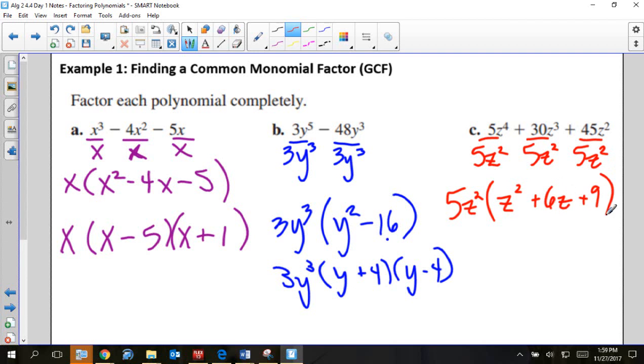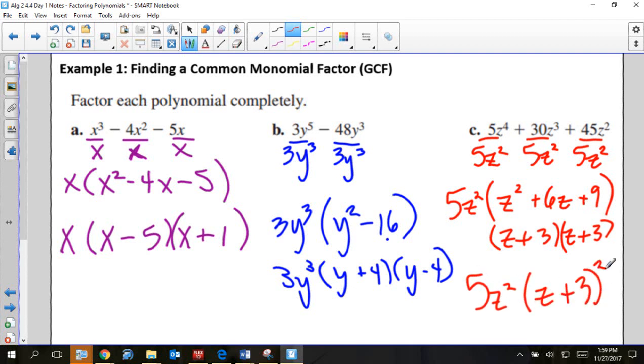And then we have a trinomial. Everything's positive, so plus and plus, what makes 9 but also adds up to give me 6? 3 and 3. Ooh, those are exactly the same. So I have to write that as 5z squared multiplied by z plus 3 squared.